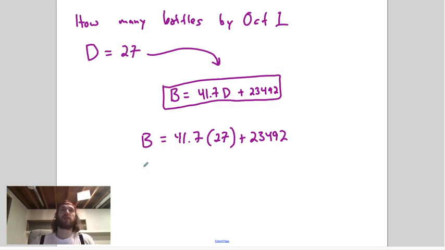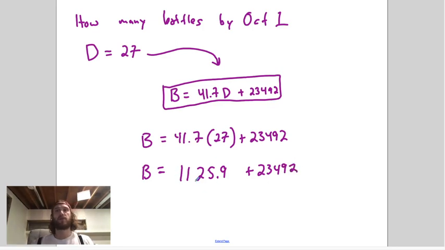Pretty cool. Okay, so the number of bottles processed by this machine on October 1st, assuming it's the same rate continuously, will be this multiplied together. Let's do the math, show all the work here. These two multiplied together is 1,125.9 plus its starting value on September 5th.